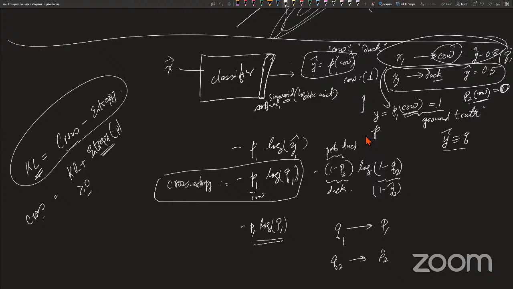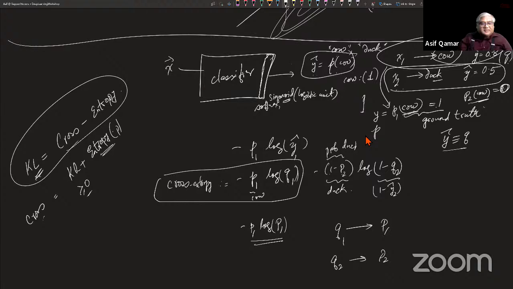But KL divergence itself is minus P log Q, right? No, it is not minus P log Q. Minus P log Q is the cross entropy, and the KL is cross entropy minus entropy.